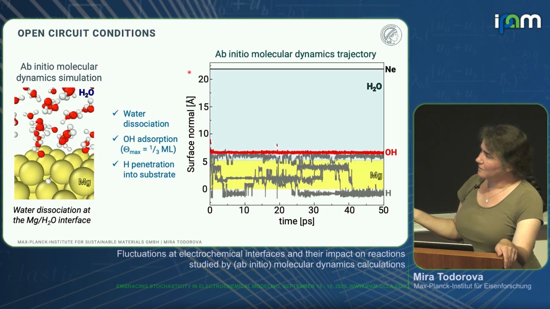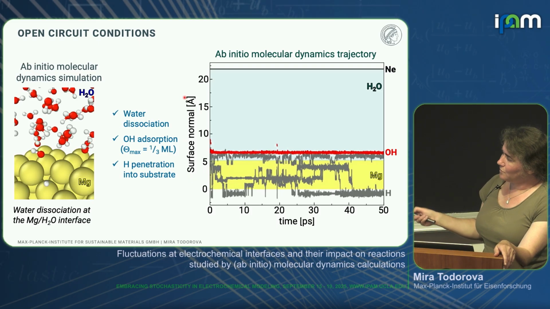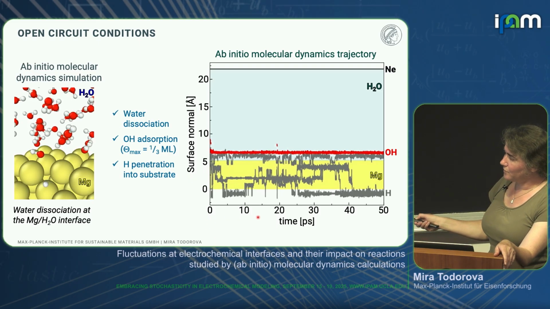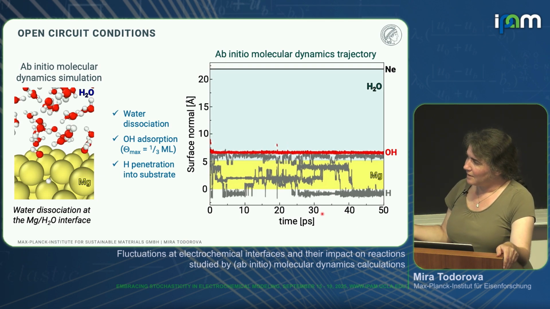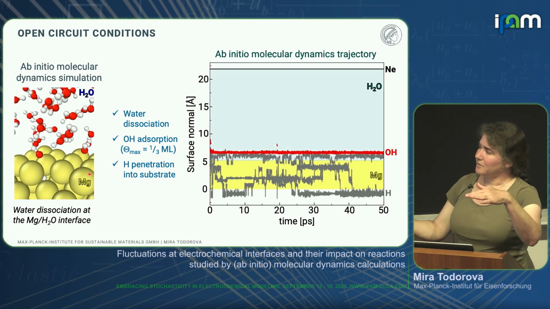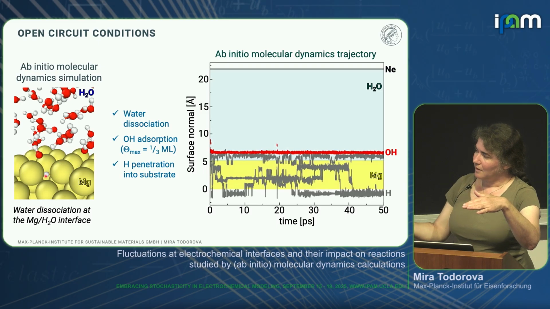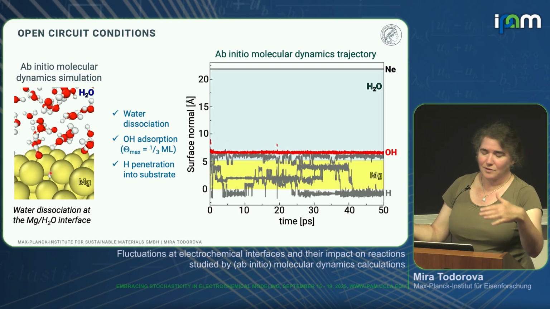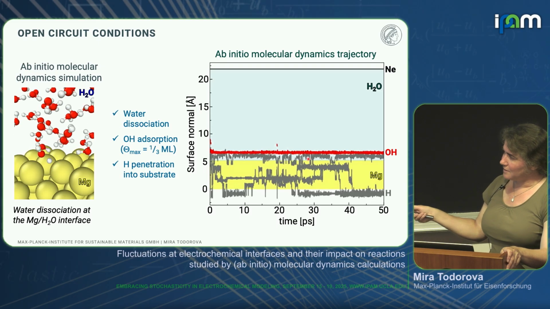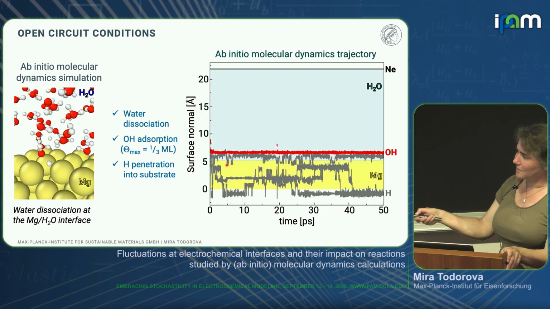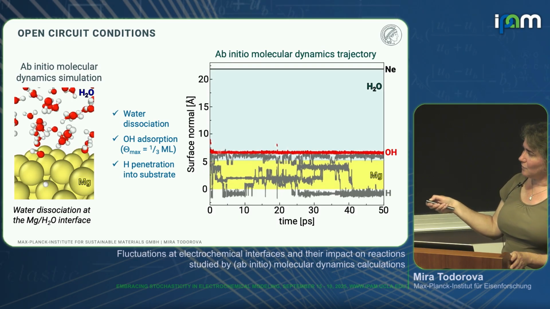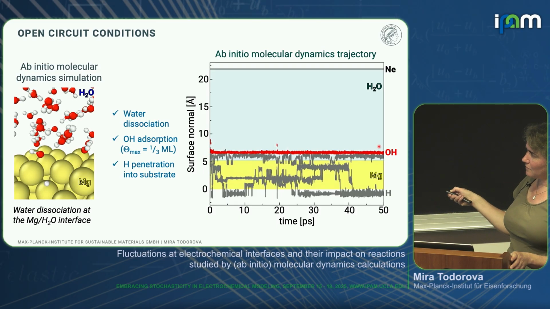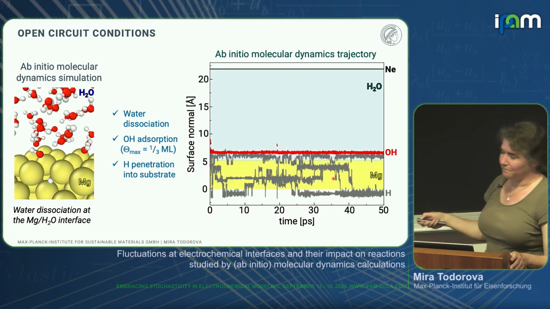And what's plotted here is the surface normal direction, and here is the evolution of the system, the trajectories over time. Any vibration of the water molecules or the magnesium atoms is not very interesting, so we have just blended it out and shown it as these blobs of yellow and blue. Only where some interesting event happens do you see explicitly the trajectories for the OH or for the hydrogen.